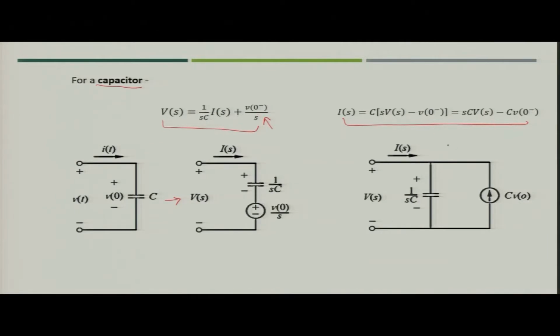Similarly, the equivalent current source will also be represented when you find the current flowing through the capacitor in S domain, and C V naught, the virtual current source, will have its direction opposite to the current flowing from the voltage source V(s). This is because you have the negative sign here. These things we discussed in our previous class, and then we utilized these equivalent circuits, created the circuit in S domain and solved it.